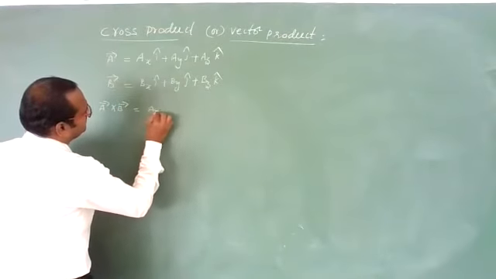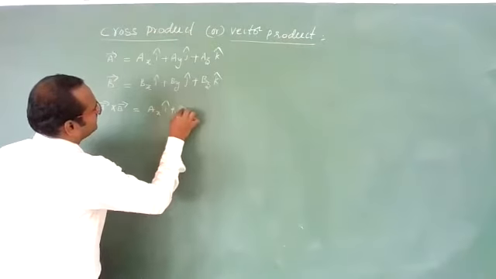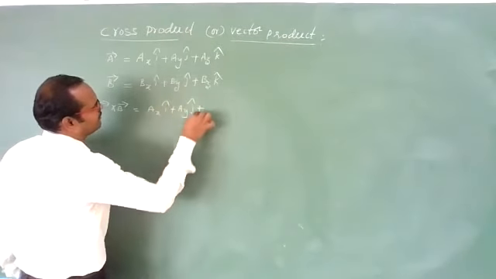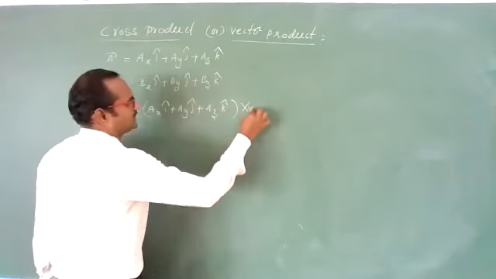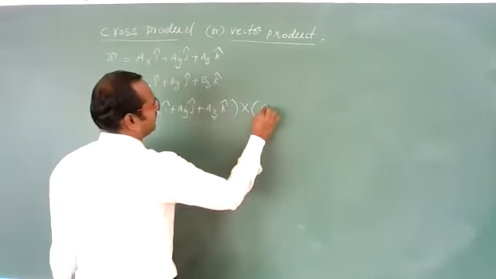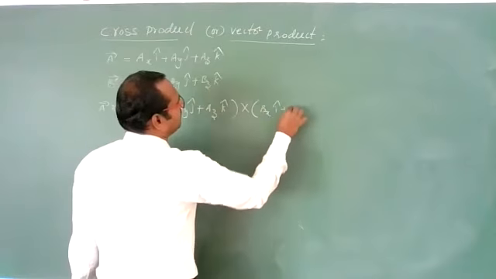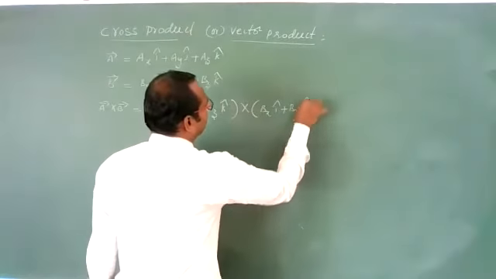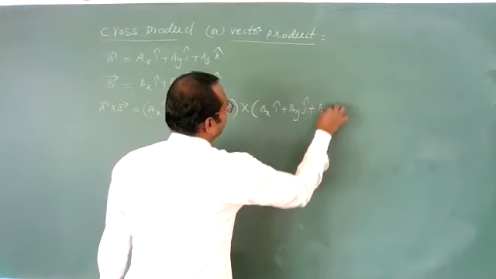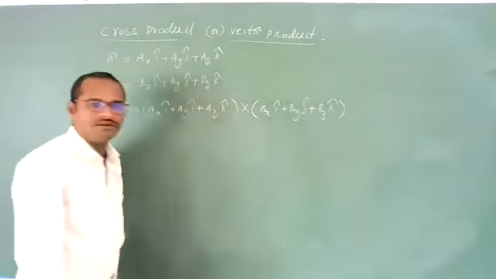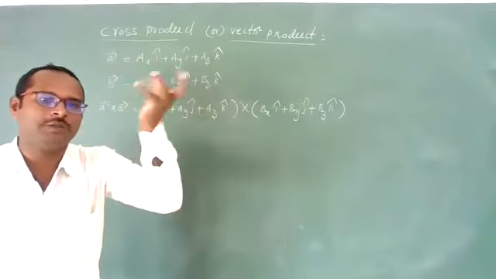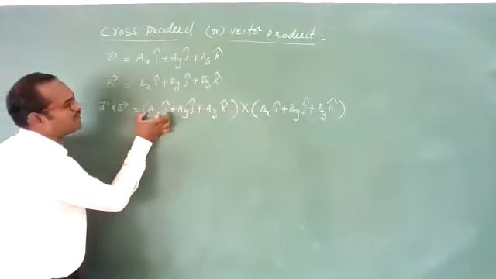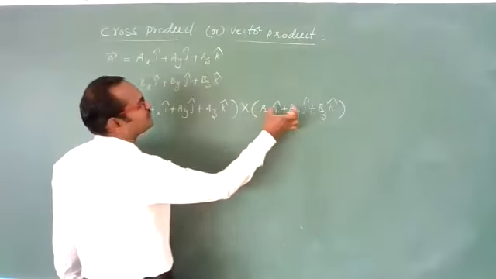Actually, Ax i cap plus Ay j cap plus Az k cap cross Bx i cap plus By j cap plus Bz k cap. Now what to do? Same as what we did in the scalar product, the dot product. We should do the cross product of each term with everything.